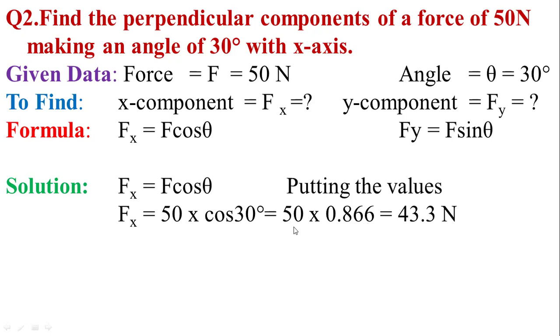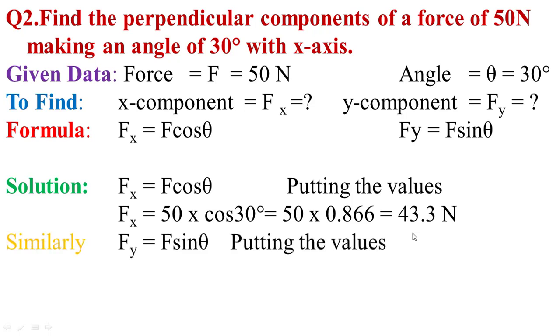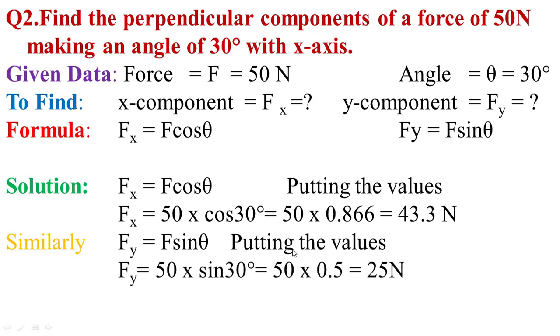0.866 multiplied by 50, then the x component of force is 43.3 Newton. Now we can find the y component. Similarly, we can use F of y is equal to F sin theta. Putting the values in the given relation, we have F of y, where the value of F is 50, multiplied by sin 30.